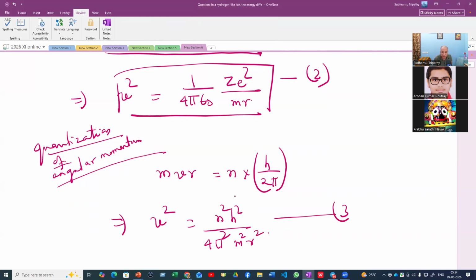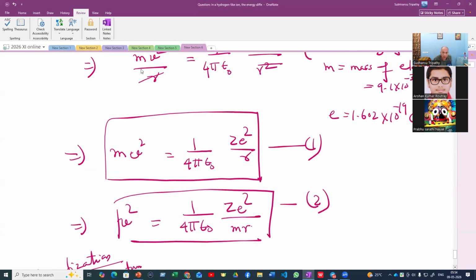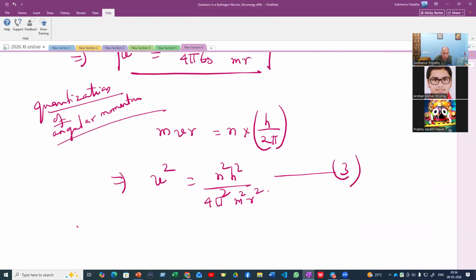This is equation 3. I made it square. So everywhere square. This is n square h square by 4 pi square m square r square. So let us equate 2 and 3.